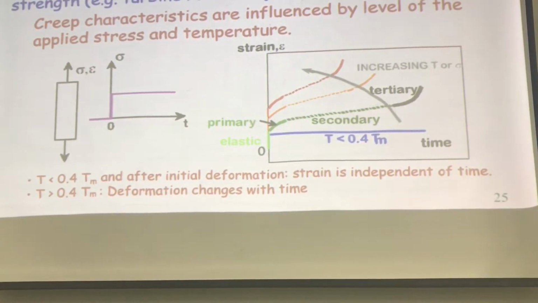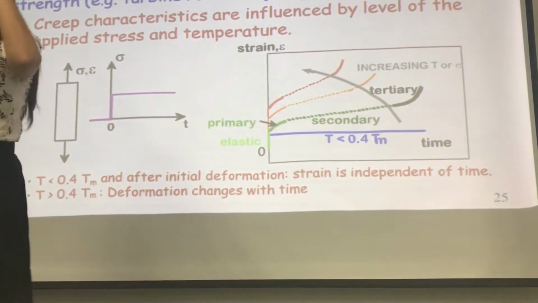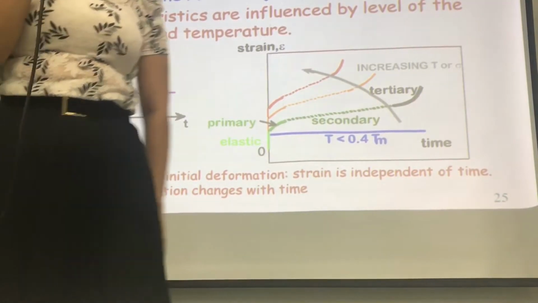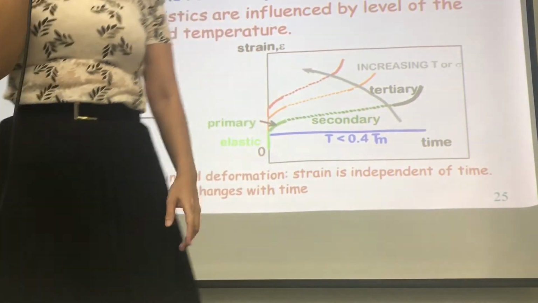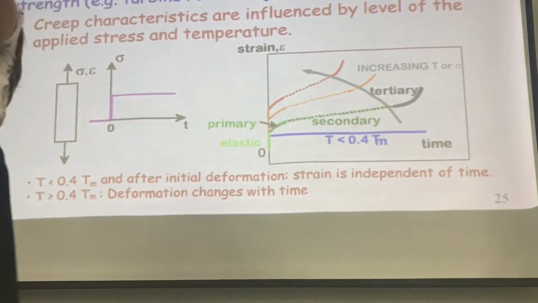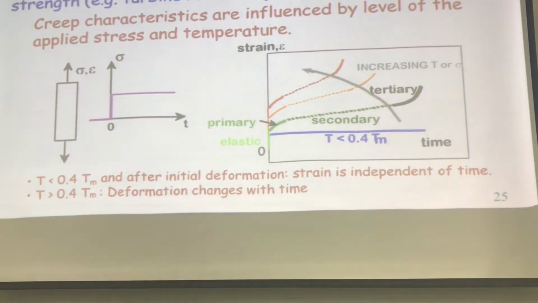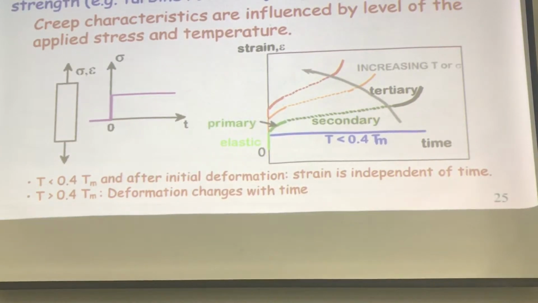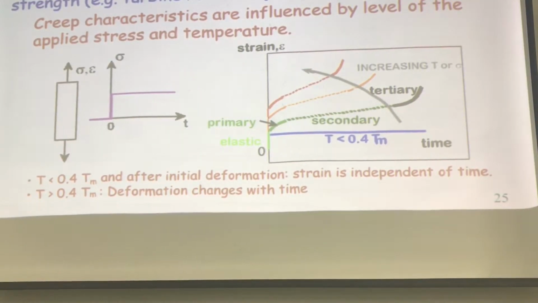So let me ask you, does a high temperature make it elongate or not? Yes. Let me ask the same question one more time. If the material is subjected to the same force, which one experiences higher temperature?